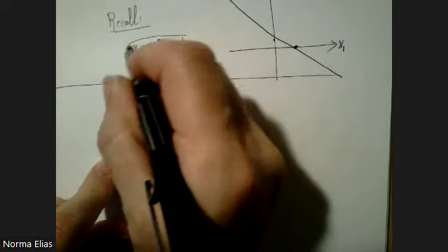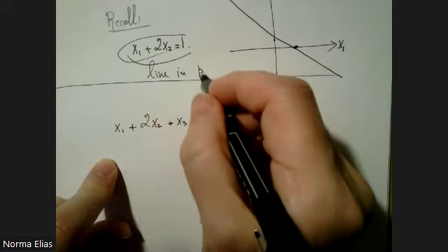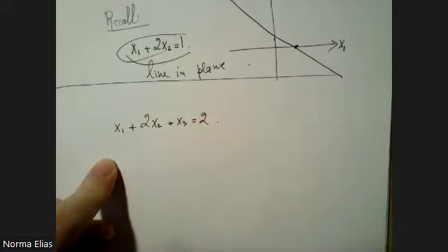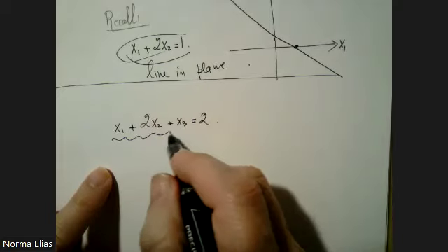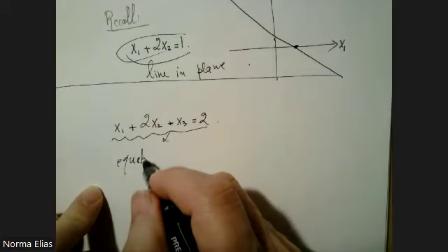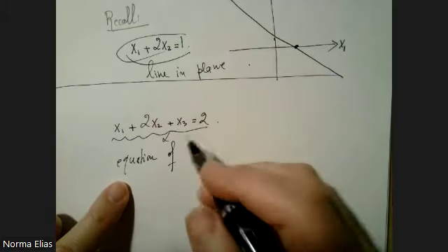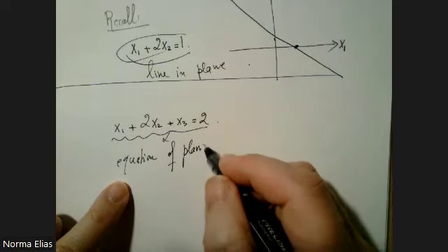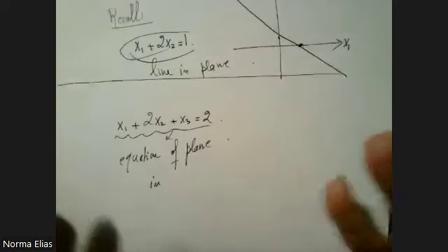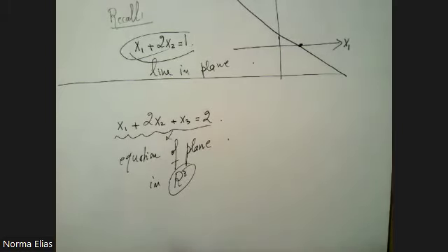This is the equation of a line in the plane. This is, anybody knows? That's the equation of what? Exactly. That's the equation of a plane in what we are going to call very soon R3. It means in 3 dimensions.